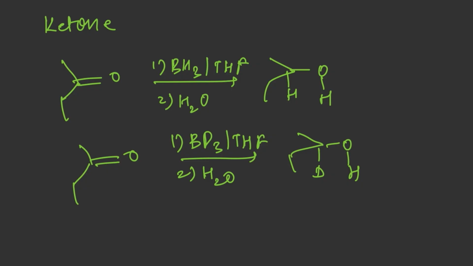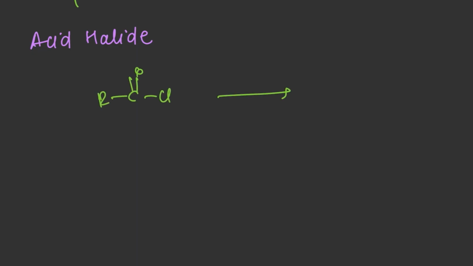Acid halide. Let's look at its third reaction, with acid halide. How does it react with acid halide? In this reaction, we have RC double bond O Cl. When reacted with BH3 and THF, no reaction. Why doesn't it react? Because BH3 is an electrophile and attracts electrons, because it has only 6 electrons in its outermost shell.